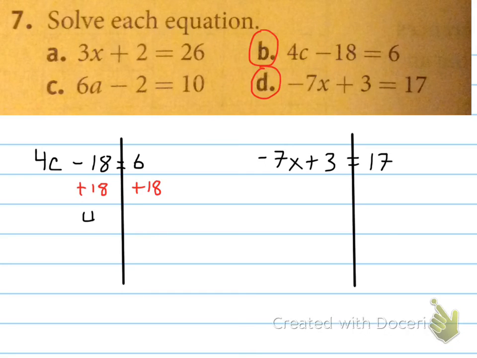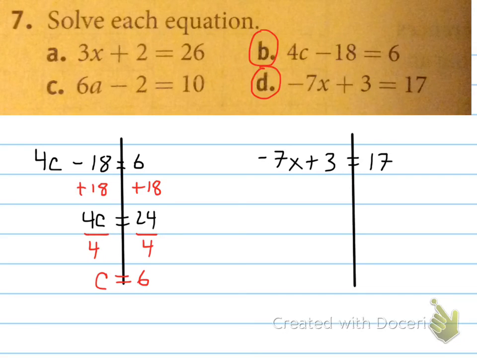I'm left with 4C equals 6 plus 18, 24. Now, a lot of you guys are good at starting to see what it might be, but try and finish out your steps before we start guessing or saying what the answer is. See, 24 divided by 4 is 6.